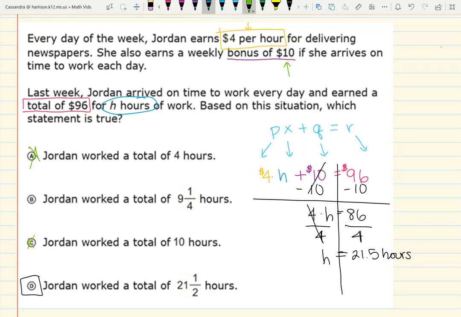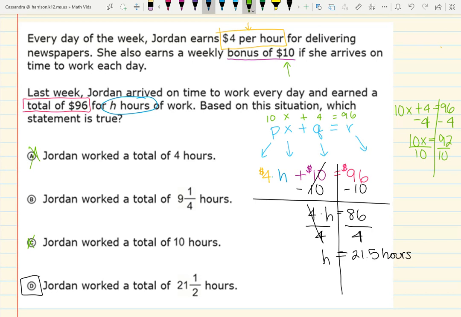I'm not sure where they got 9 1/4. It could be maybe if you flipped. I almost want to try this real quick. What if a kid put 10 here and 4 here? Like they confused those numbers and they solved that equation. I wonder if they would get 9 1/4. So minus 4, minus 4, 10x equals 92. Yep.